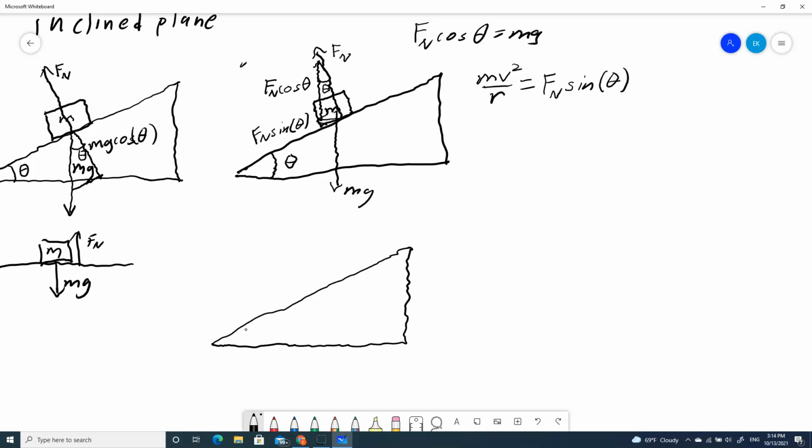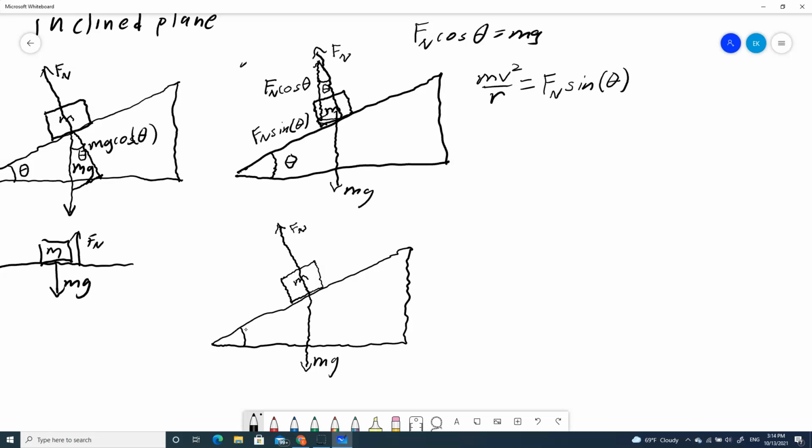So let's say we have this mass again, right here. And again, it has the force normal, perpendicular. And it also has the weight of the object, which is going to be vertical, mg.